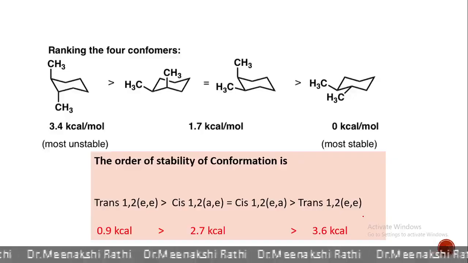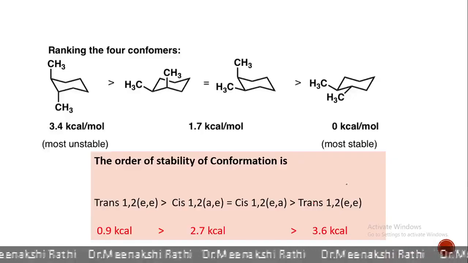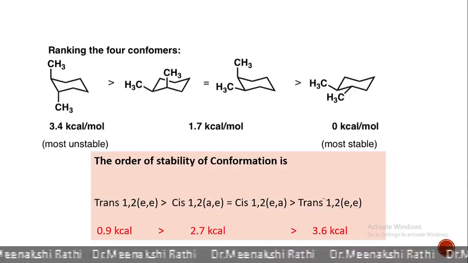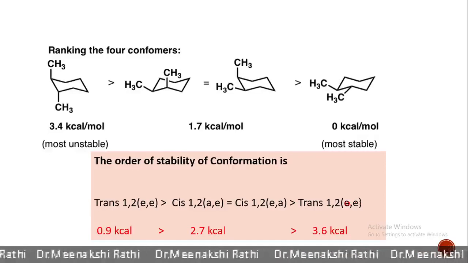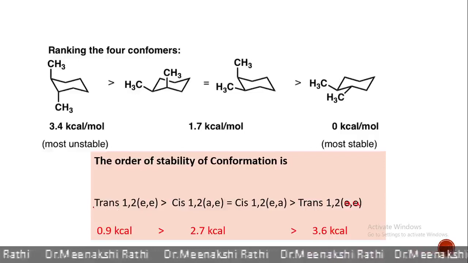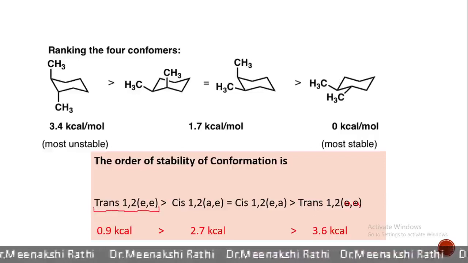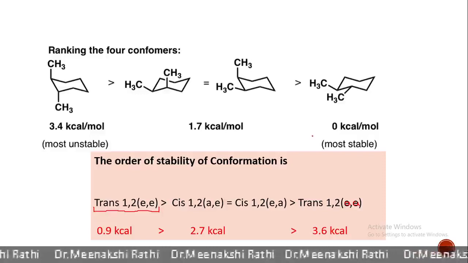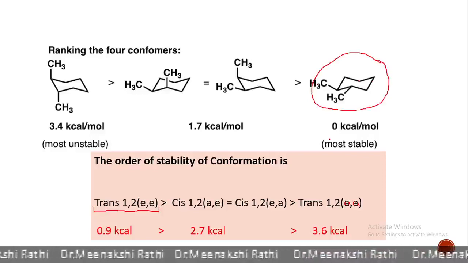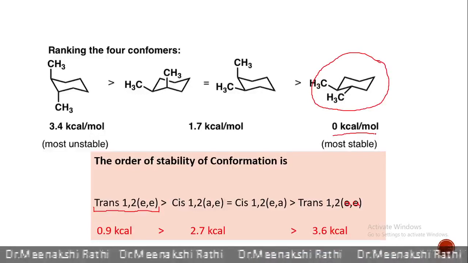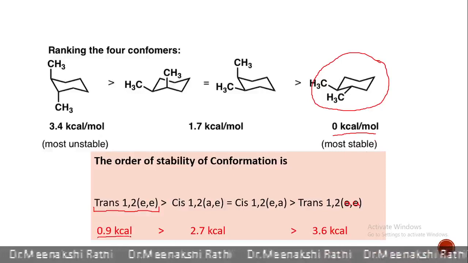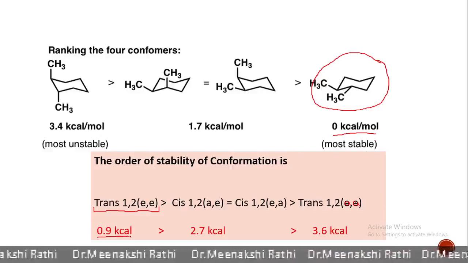1,2-dimethyl cyclohexane. I'm sorry, it should be AA here. Now the order of stability of conformation: when it is trans 1,2-EE type, see here, the energy is written 0 kilocalorie, but the energy is only 0.9 kilocalorie, because of only one gauche interaction.